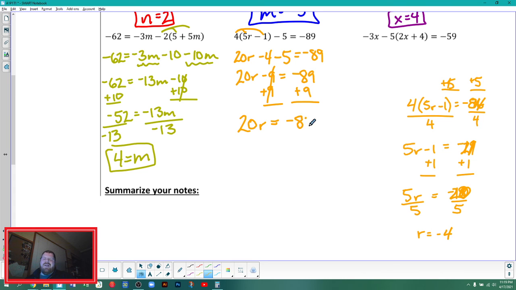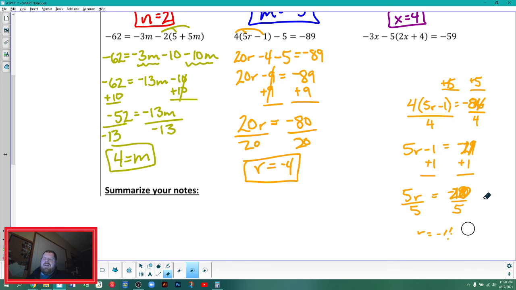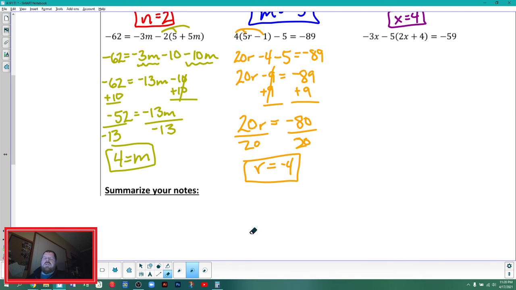So I get negative 80 there. And divide by 20. We get r is equal to negative 4. So you can see mistakes do happen, even with people that claim it as their profession. It's okay. Just fix your mistakes and learn from them.